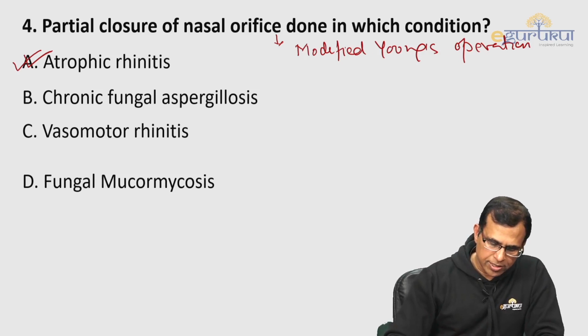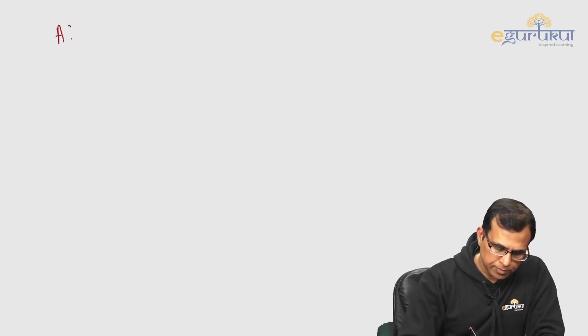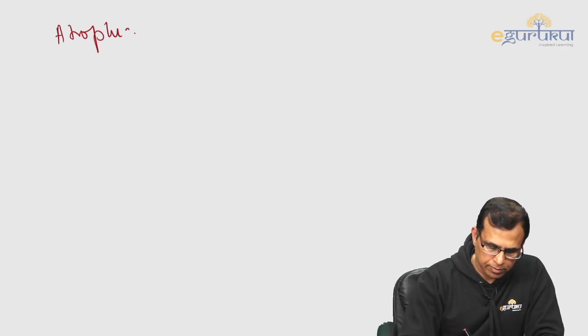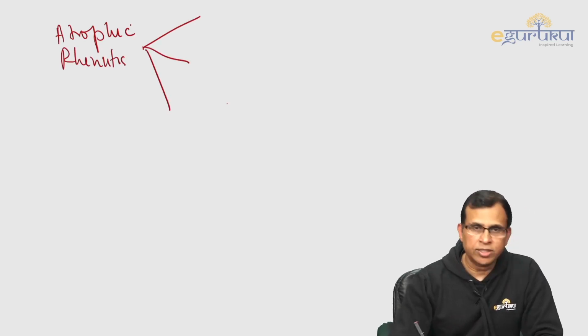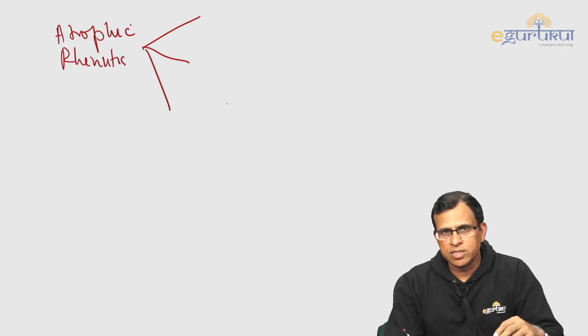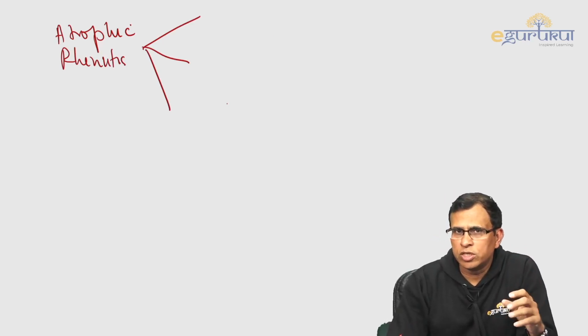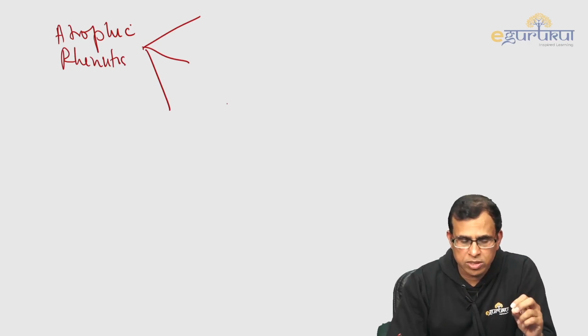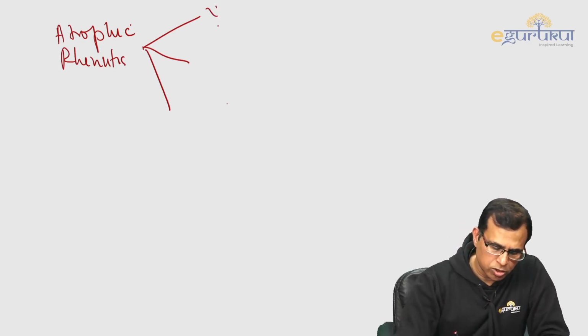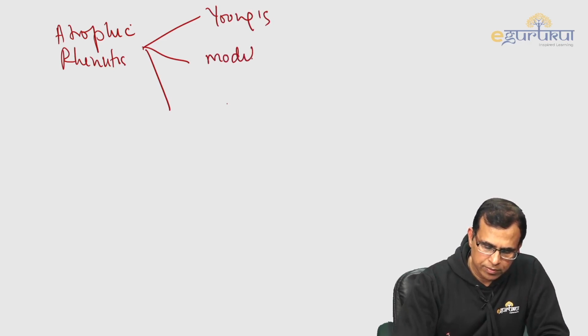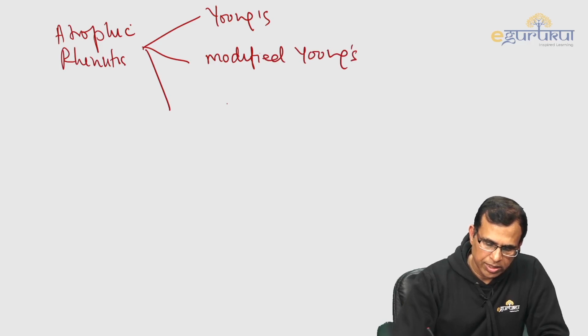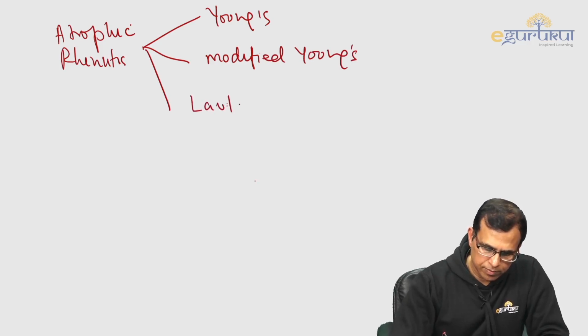Atrophic rhinitis is a condition which is very difficult to treat. There are three important surgeries. Surgery is not a very common thing we do, and it is not recommended in most cases, but if you do surgery, there are three: one is Young's operation, the second one is modified Young's, and there is Lautenschlager's surgery.